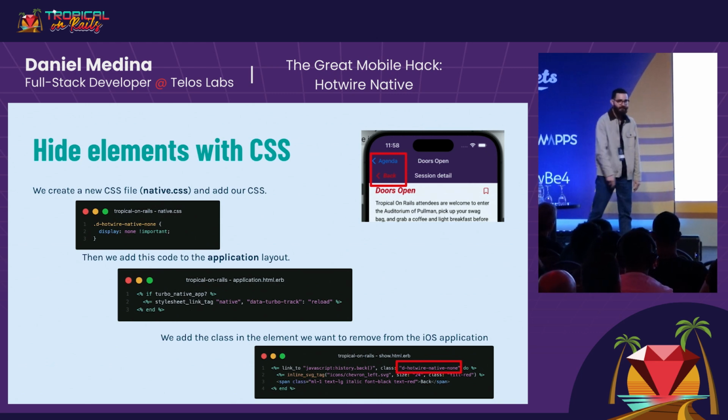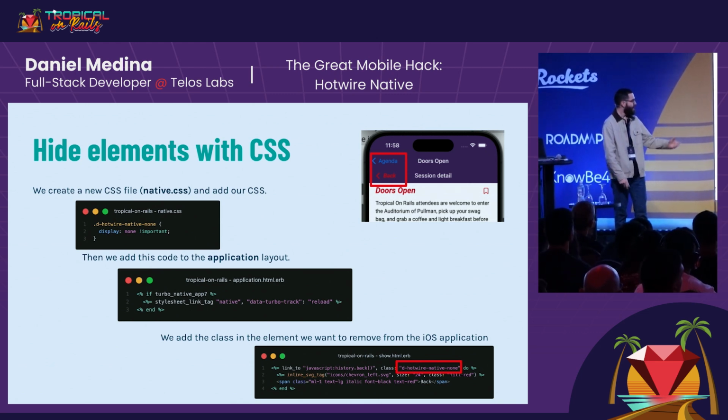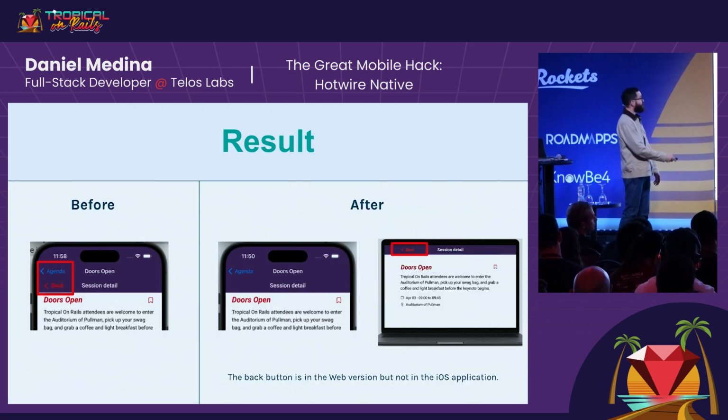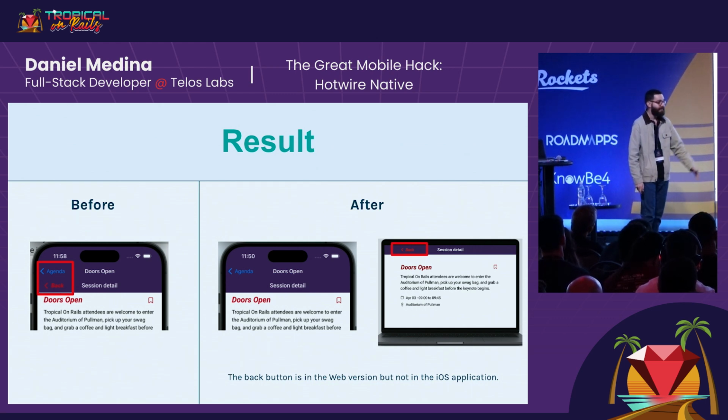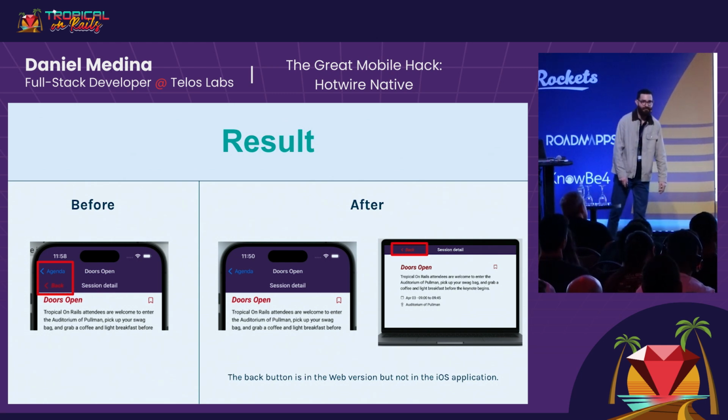I just want to hide that, so I put that code there, and it will hide it. So before, as we can see, we had the two buttons. Then after this small change, we don't have it in the iOS app, but we still have it in the web side. So yeah, that's pretty amazing.